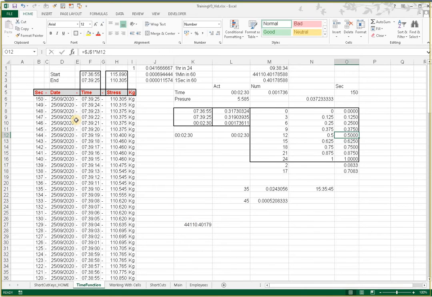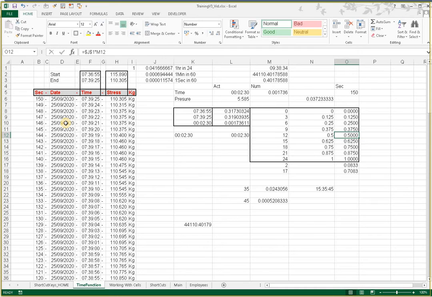So we have created a machine called a tensometer, in which we put stress on a piece of material, and on the one side we put tension on it to see at what stress level the material breaks, and on the other side of the machine we can put pressure on the material and see how long it takes.